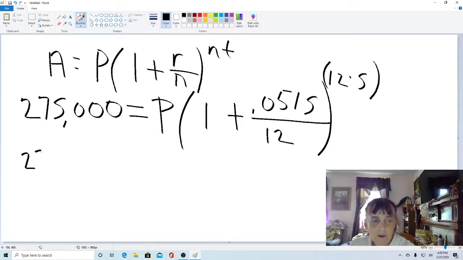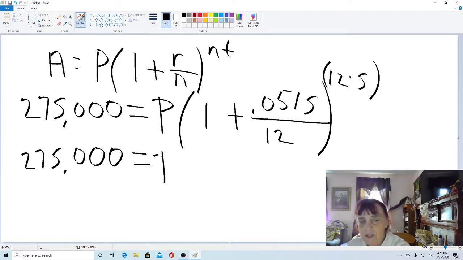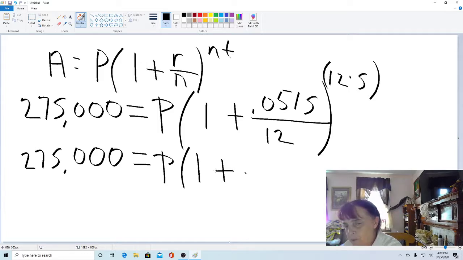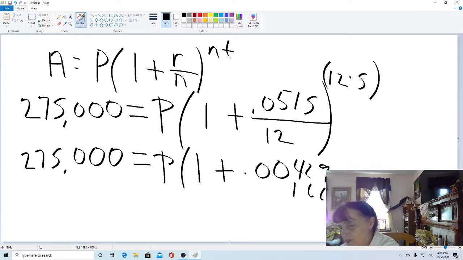And so you have 275,000 equals P, and 0.0515 divided by 12 is, you'll have 1 plus 0.004291667 raised to the 60th power.